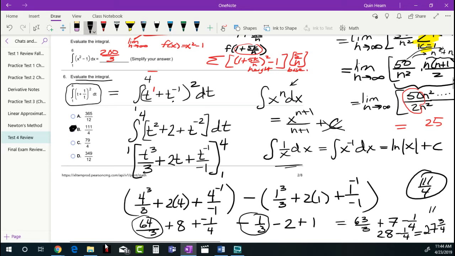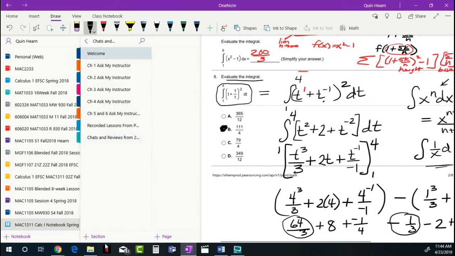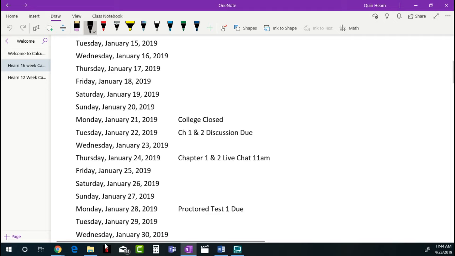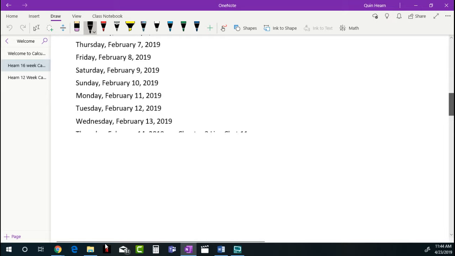So that's 27 3/4, but we would normally give our answer as an improper fraction. So let's see what this is gonna be. 4 times 27 would be 108 plus 3 is 111. So 111 fourths. So that's gonna be answer B.